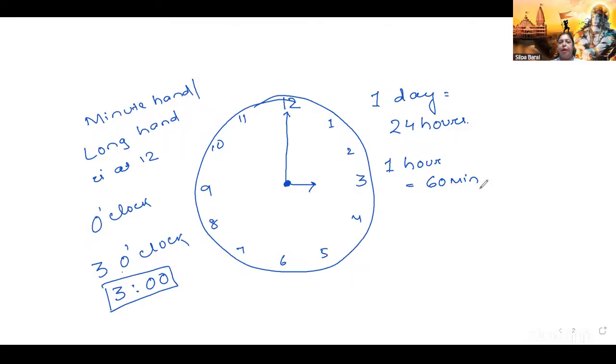Okay, 1 hour is 60 minutes. And 1 minute. Yes, very good, so many answers. 1 minute is 60 seconds. These are the very basic things that all of you know, right?